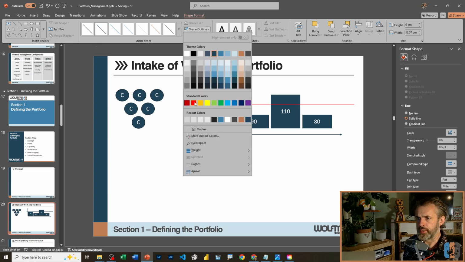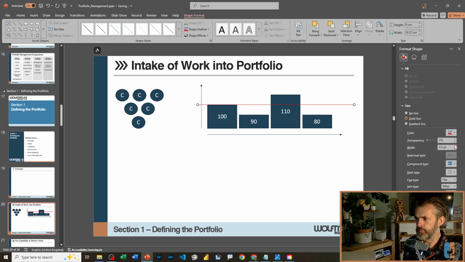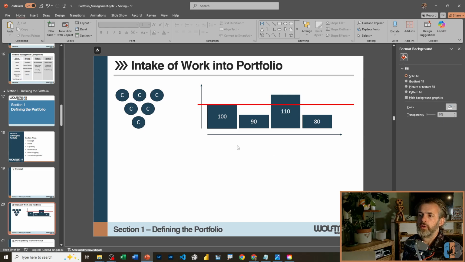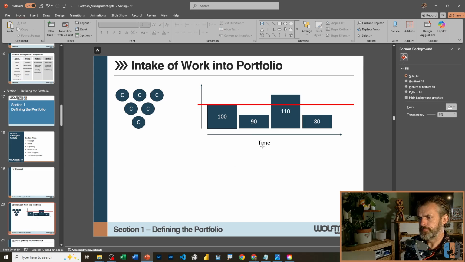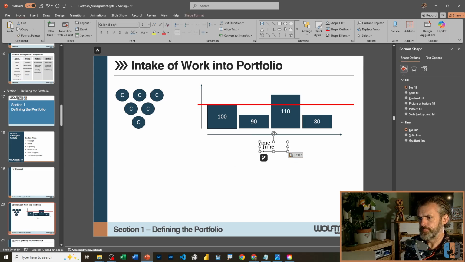Let's make this a red line, because red is the danger line, and call this time and effort.